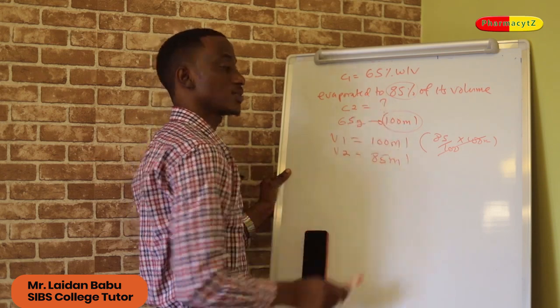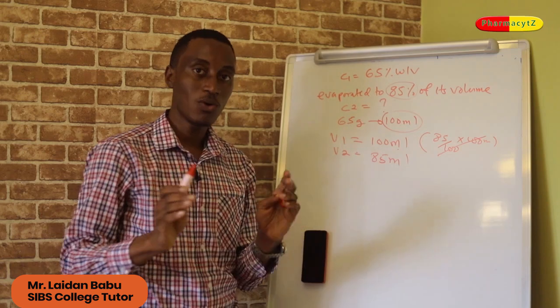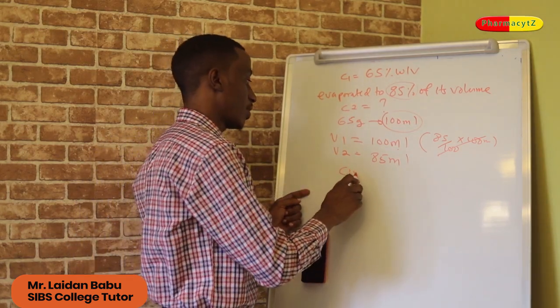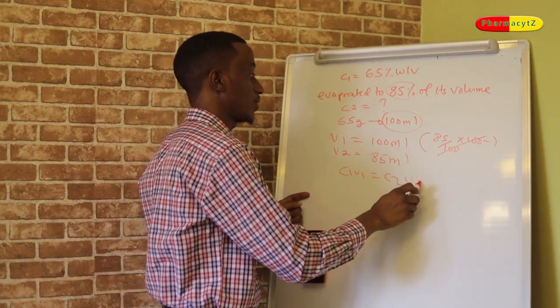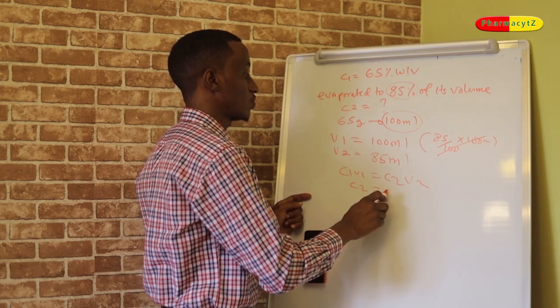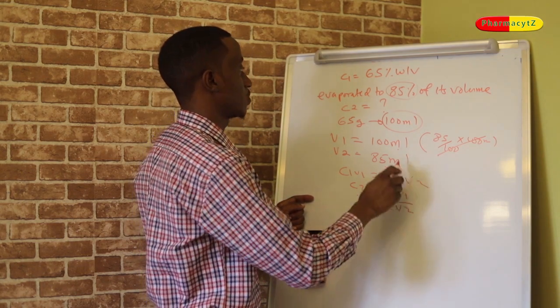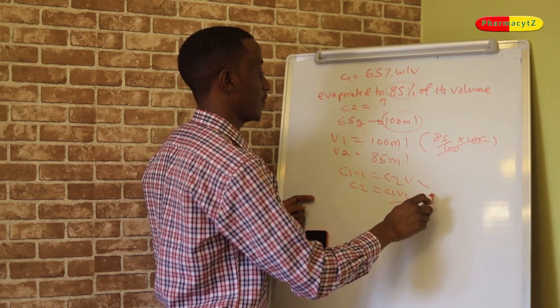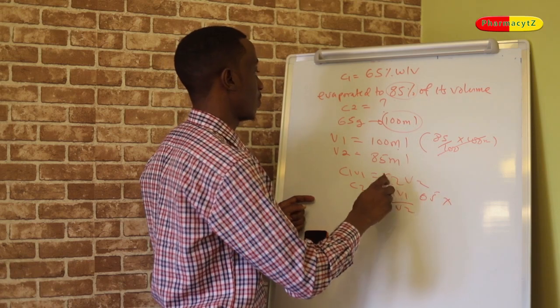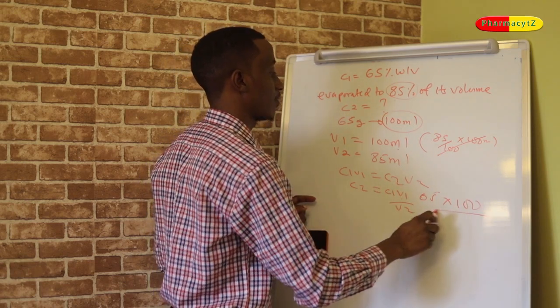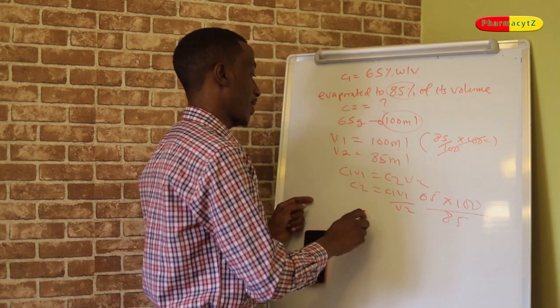So what is required is concentration 2. From the law of dilution, concentration 1 V1 equals concentration 2 V2, then C2 equals C1 V1 over V2. So concentration 1, that is 65, times volume 1, which is 100, over volume 2, which is 85.